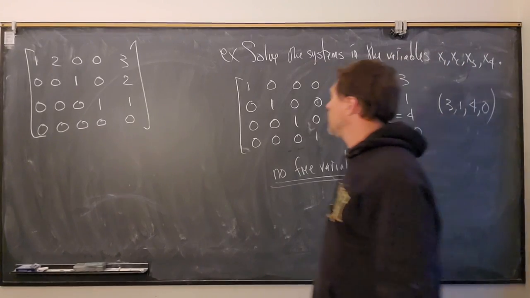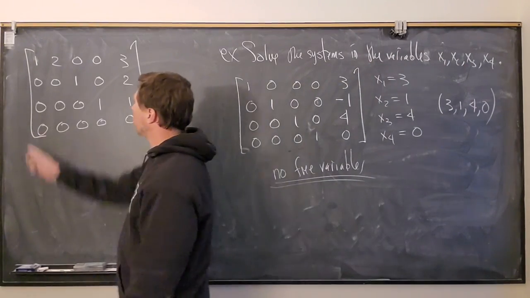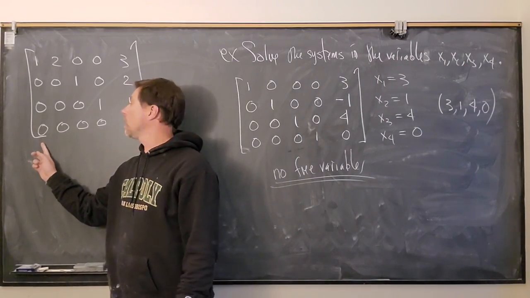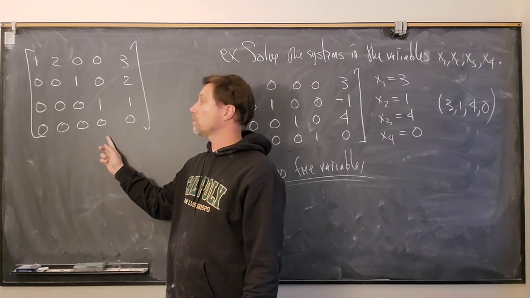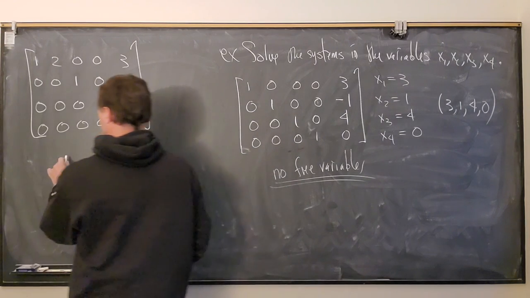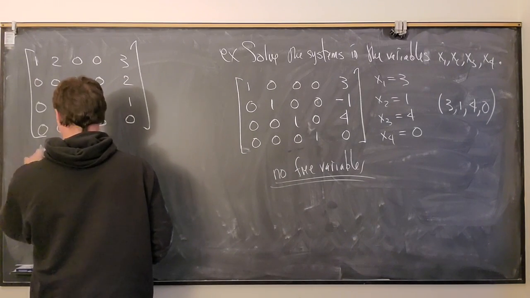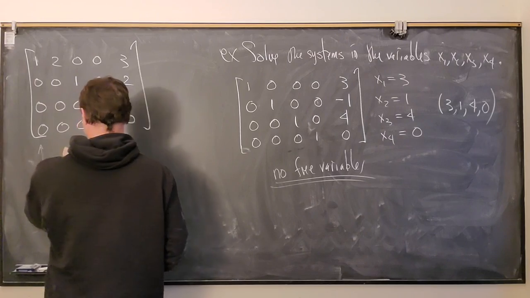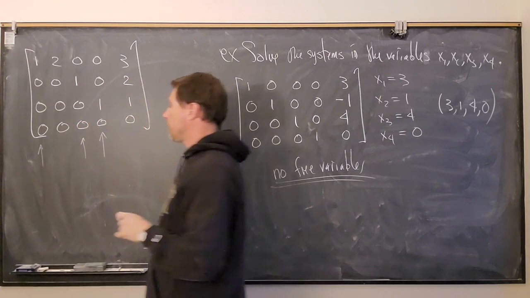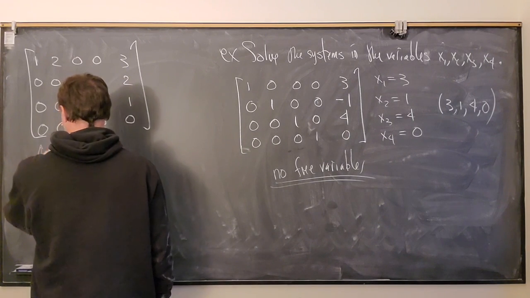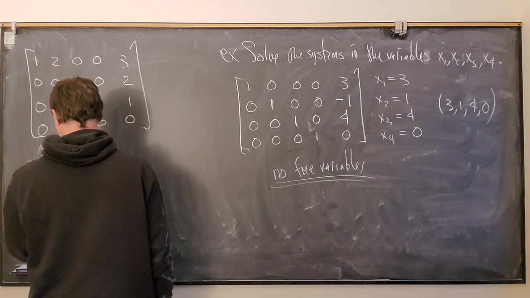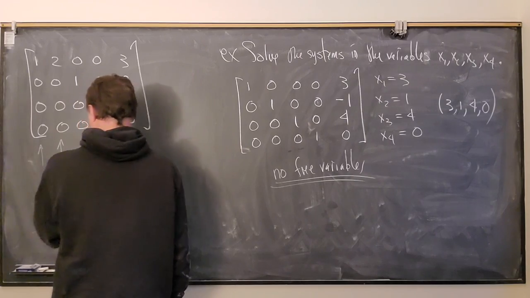Notice in this case, the pivot columns are column 1, column 3, and column 4, which means that we have one free variable. x2 is free.